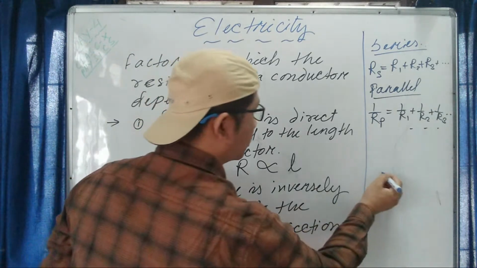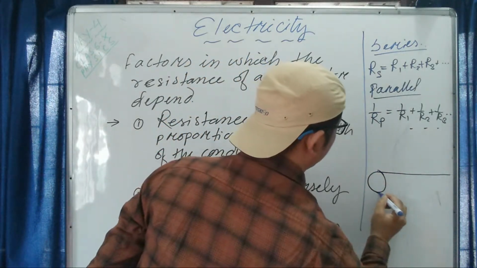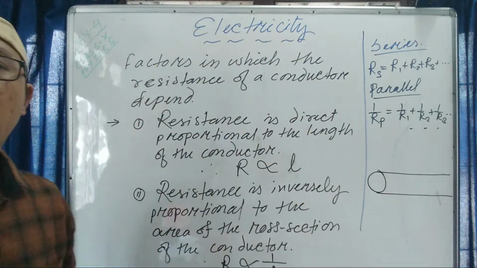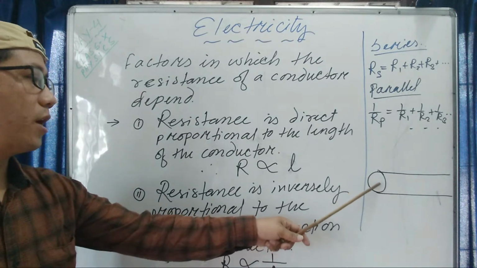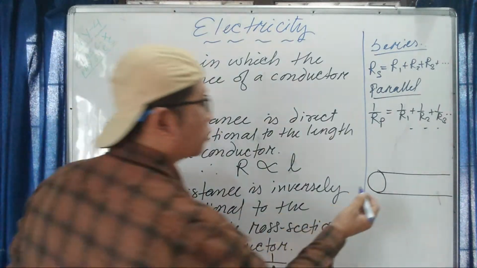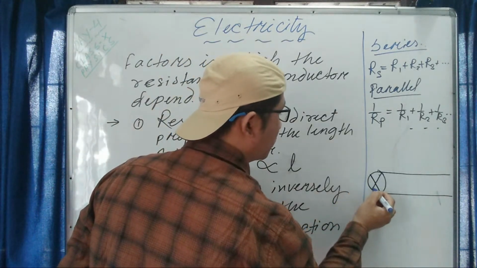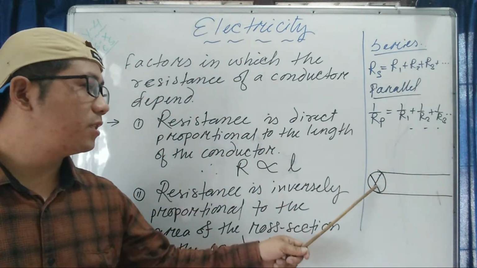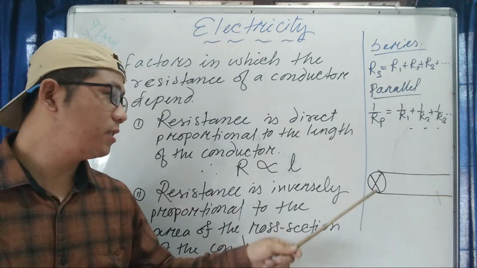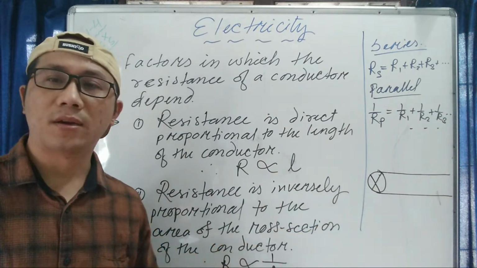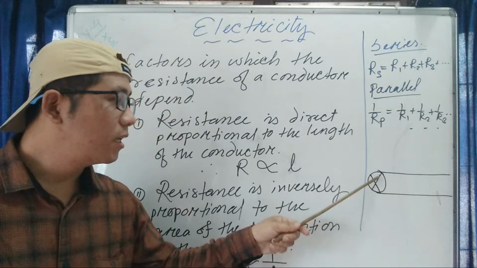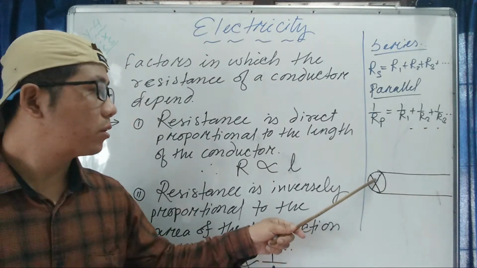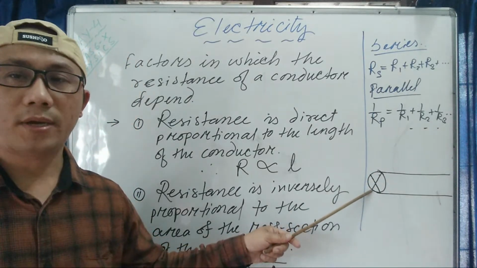Suppose this is a conductor, and on this surface the cross-sectional area will be this one. The shape of the metallic conductor is a cylinder, and this surface is in the shape of a circle.